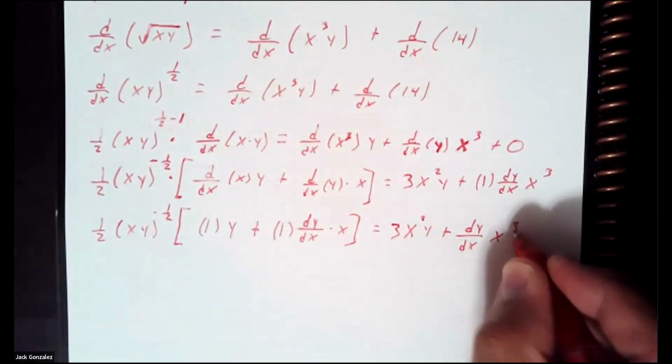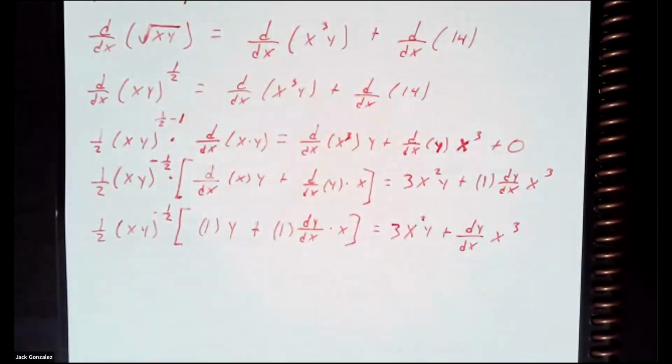Again, we could kind of get away with using the primes a little bit, but we want to get away from it because eventually you're going to have a word problem and you're going to take the derivative of all your variables with respect to time.